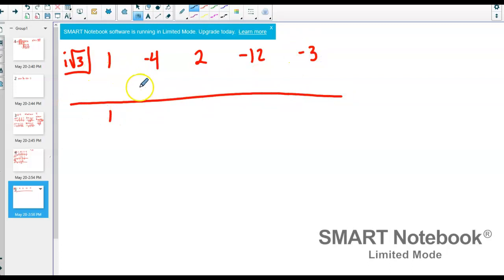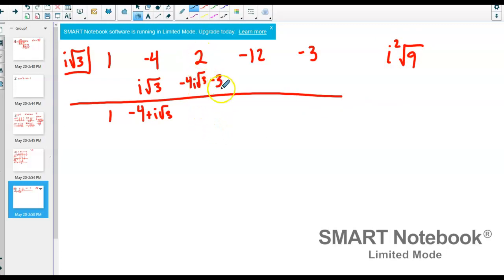Drop the first one down. When you multiply, you get i square root of 3, which gives me negative 4 plus i square root of 3. When you times these things, I'm just going to make a little note here. This still gives me negative 4i square root of 3 when I times those two, but I'm going to times i square root of 3 times i square root of 3, which gives me i squared square root of 9, which essentially gives me 3 and negative 1, which gives me negative 3 for that.